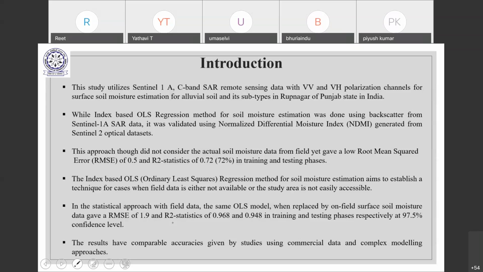The field data was only 1020 samples, and we estimated for the entire Roopnagar area, and the accuracy that we achieved was around 94% with a confidence level of 97.5%. So we can say that this result was too good.